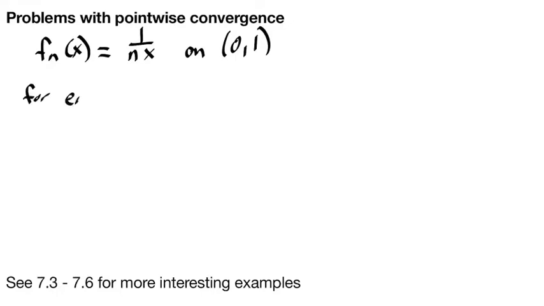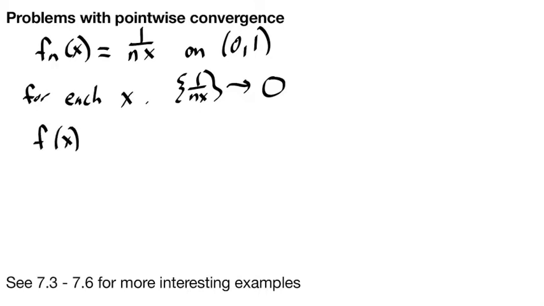Well, notice that for each x value, the sequence 1 over n times x converges to 0, doesn't it? For each x value, 1 over n times x converges to 0 because once you pick an x, that x is constant. And so therefore, Fn of x should converge to the function 0 on 0 to 1.